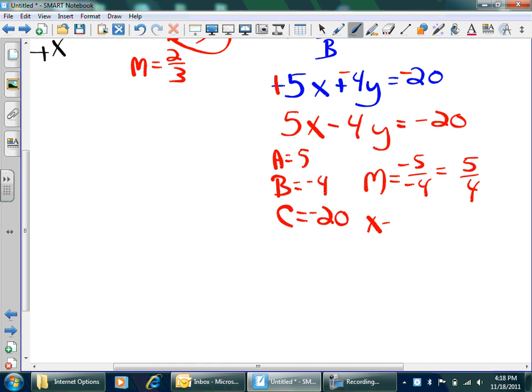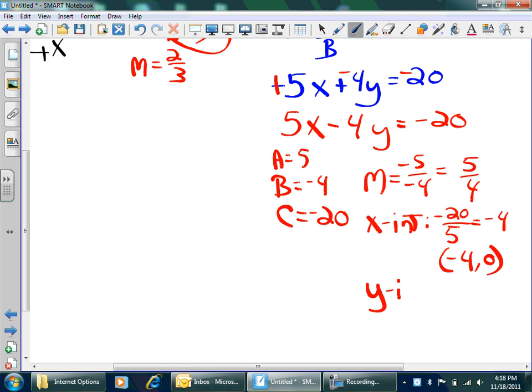To get the x-intercept, I will do c divided by a. Well, c is negative 20, a is 5, therefore the x-intercept occurs at negative 4. And remember, that's negative 4, 0, because it's got to be on the x-axis to be an x-intercept.